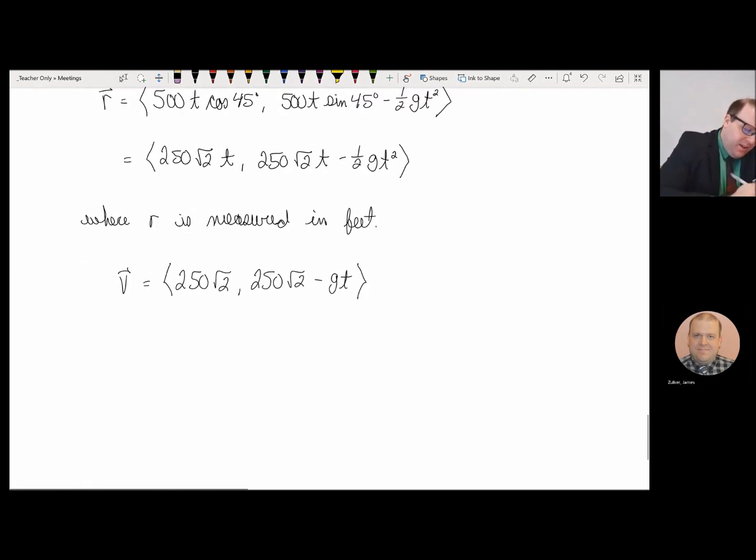And right now I'm going to specify, of course, that the magnitude of v is measured in feet per second.